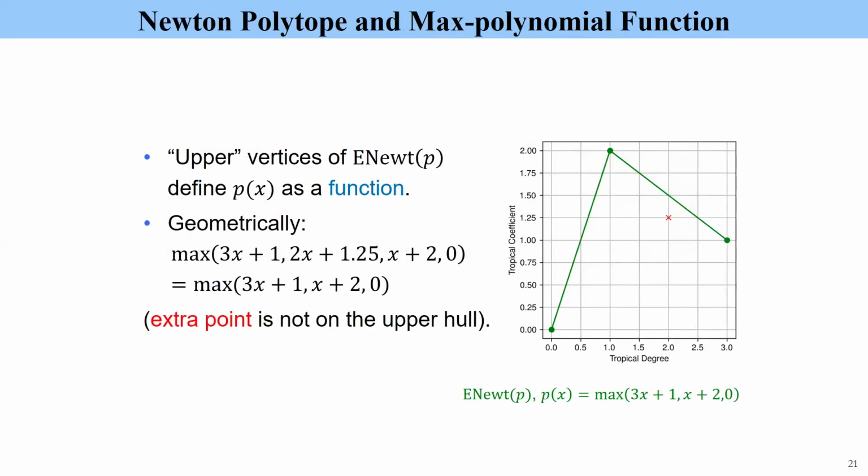For example, we don't care about terms in this max plus tropical polynomial whose vertices are below the upper hull, because they will be subsumed by the max function. So we care only about the vertices on the upper hull. This defines uniquely the max plus polynomial.